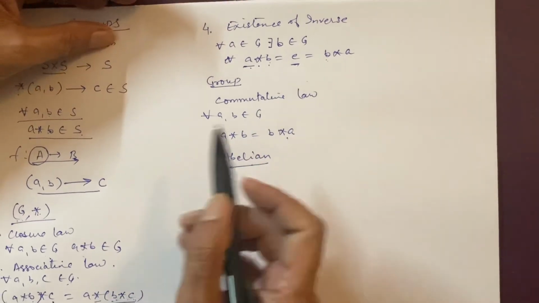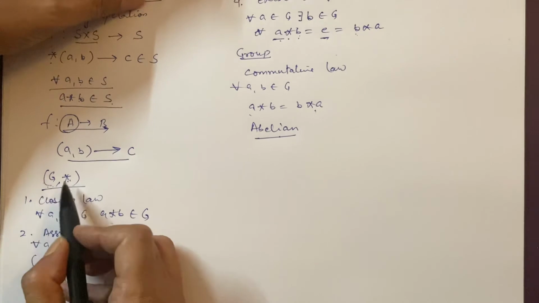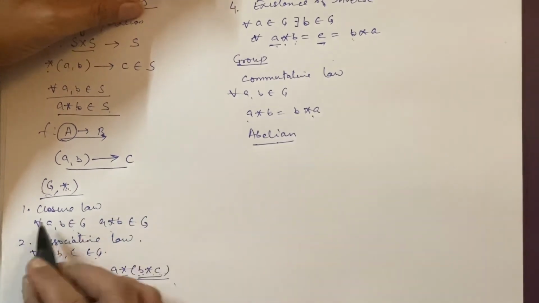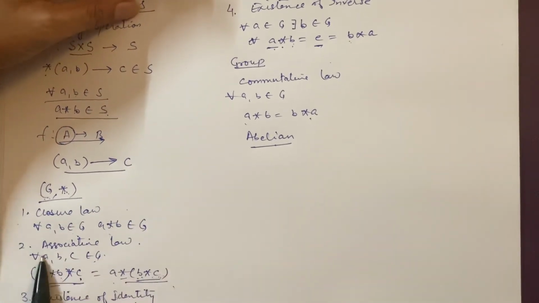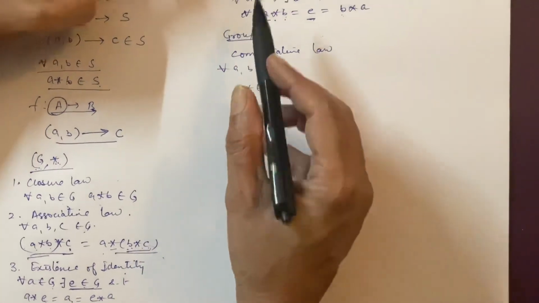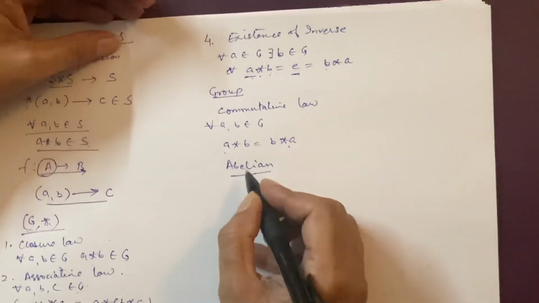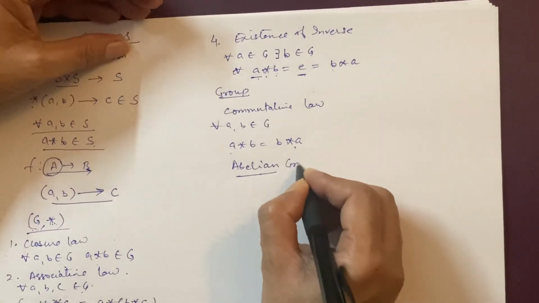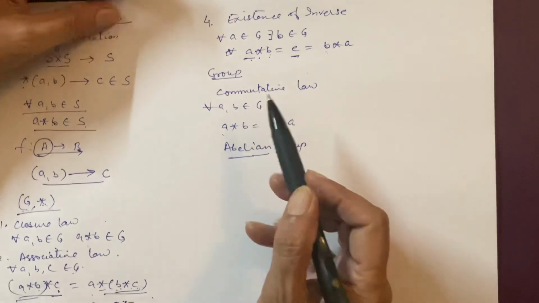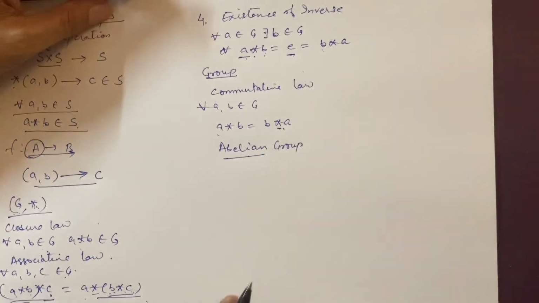Any non-empty set G with a binary operation star is called a group if it satisfies the closure law, the associative law, and there is an identity and inverse. And a group is said to be an abelian group if this property, that is the commutative law, also holds with respect to star.